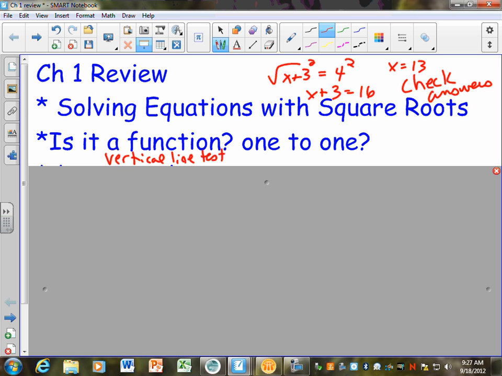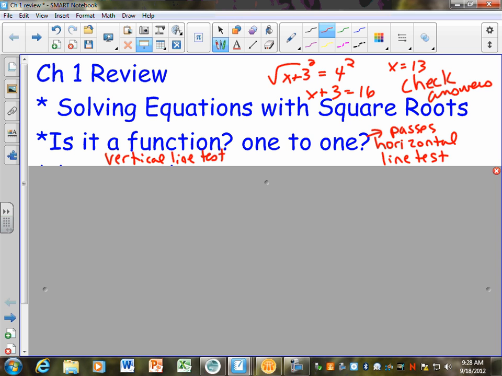That's what a function is, when x doesn't repeat. One-to-one, that's when a function's inverse is also a function. So a one-to-one function also passes the horizontal line test.